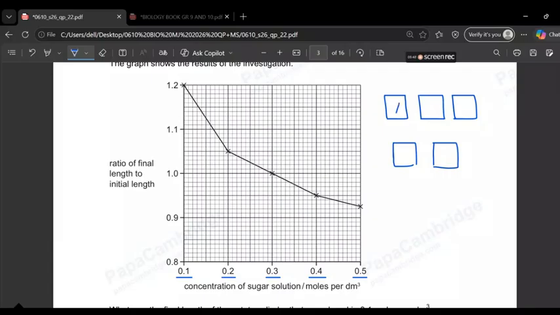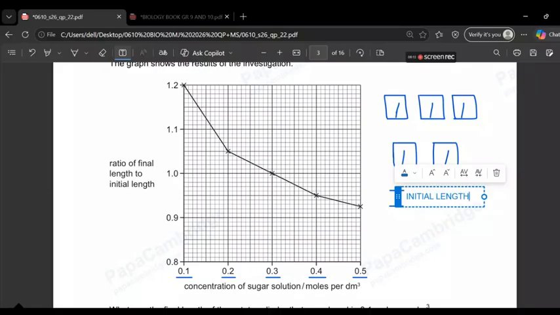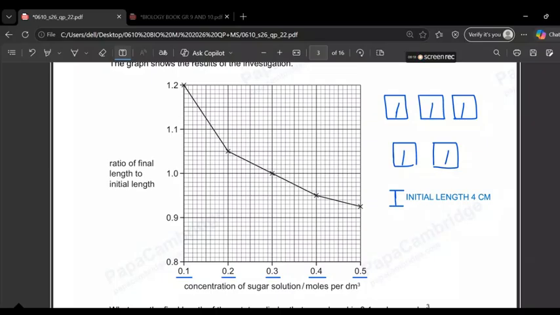And you have potato cylinders 1, 2, 3, 4, 5. And all these potato cylinders, the initial length is 4 centimeters.